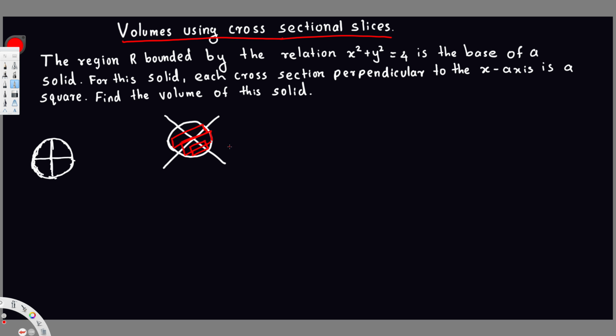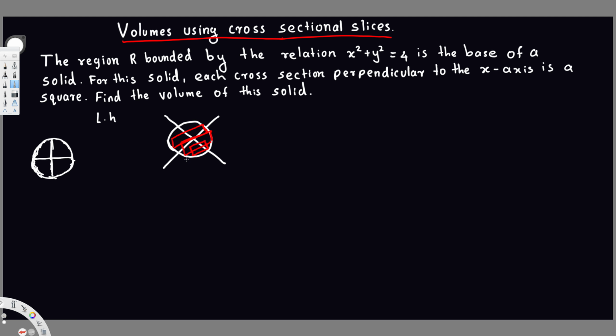To do that, we have to find the area first. For a square, length and height are equal, and if we multiply them, that gives us the area. So we have to find the length first, then square it.